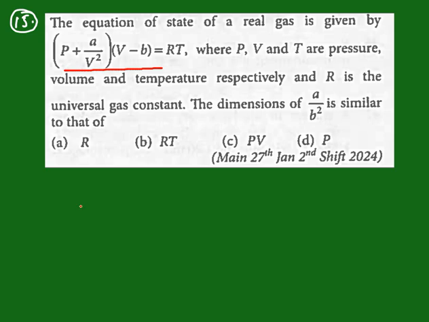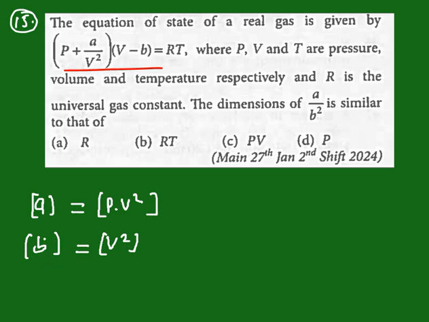A by b square. Here the A, see how simple this is. A having dimension pb square and b having dimension of v. So b square will have dimension of v square.